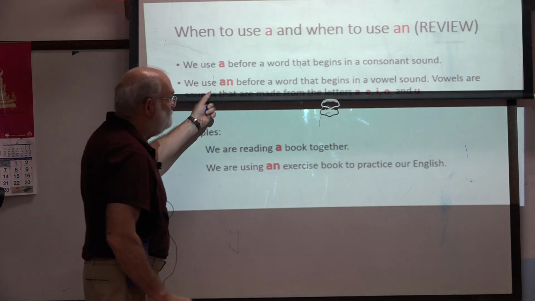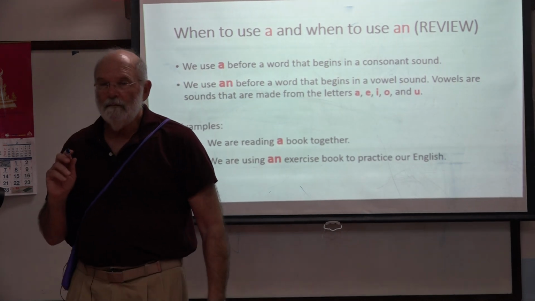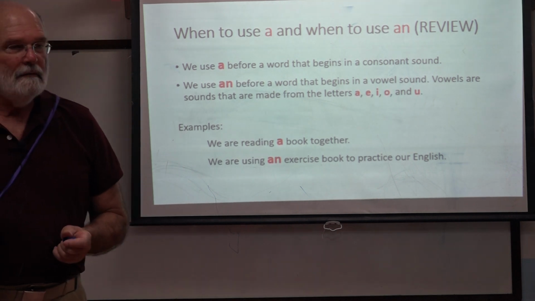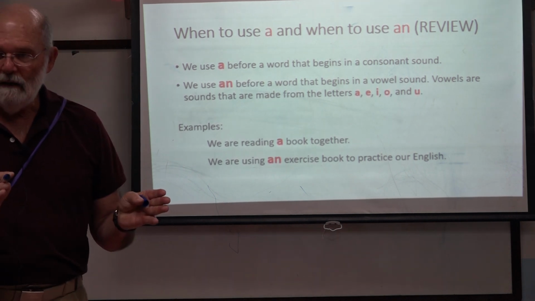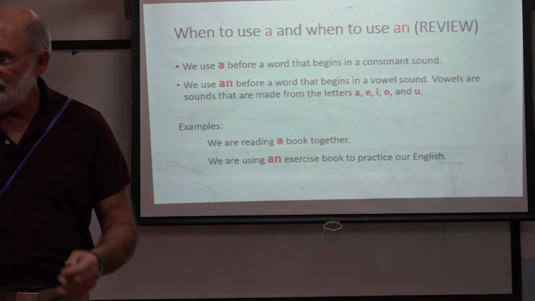We have to remember that when we talk about a word starting with a vowel sound, it doesn't mean that the word has to begin with a vowel. It just needs to sound like a vowel.